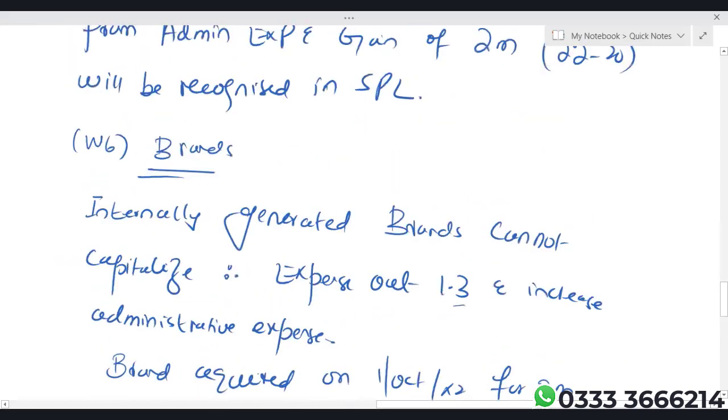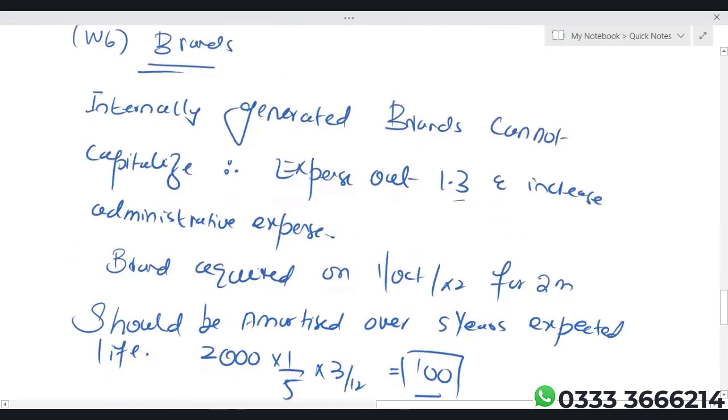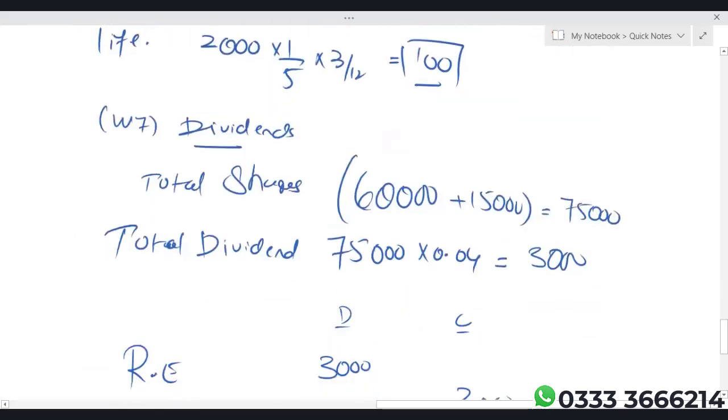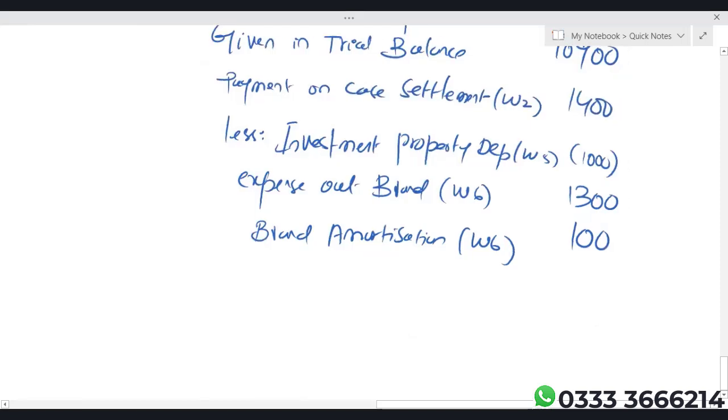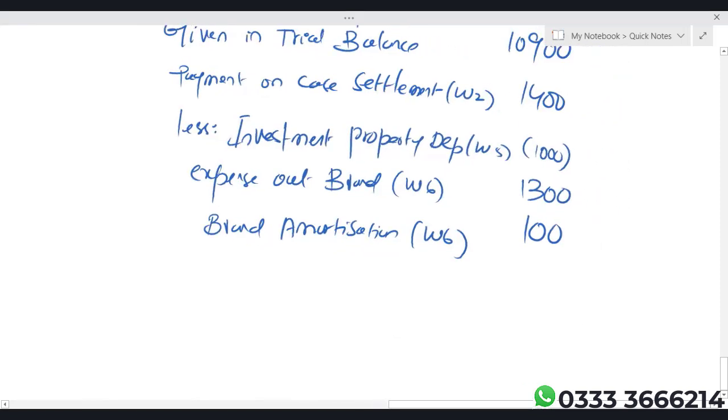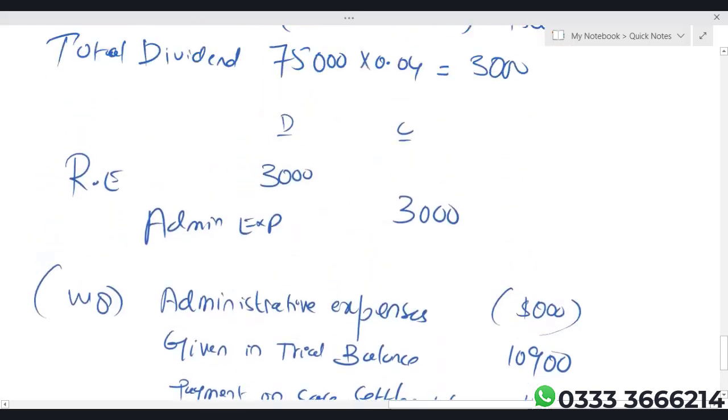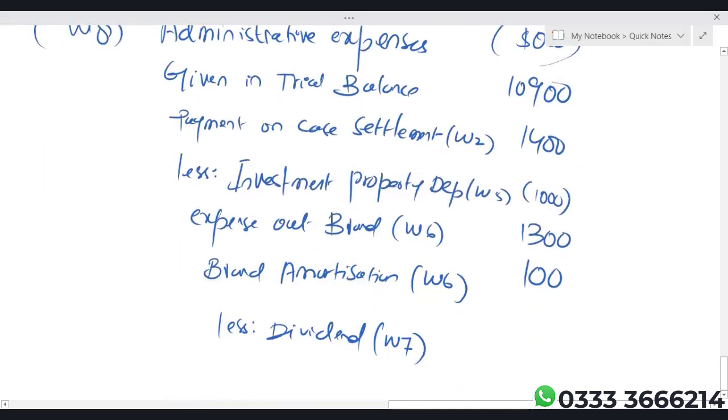Then finally, we'll remove the dividend because they have taken the dividend payment to the admin expense. So less dividend, working 7, 3,000.